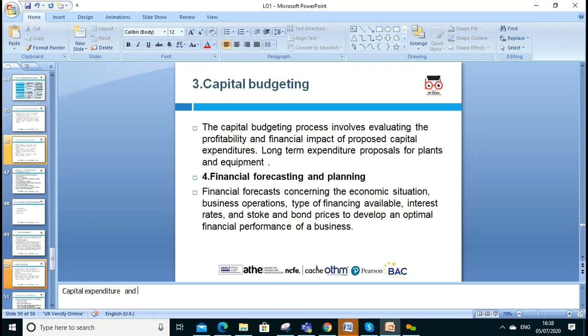Revenue is a day-to-day expense. Like if you clean your house, cleaning will not increase the value of the house. Let's say you put a new carpet in a house.